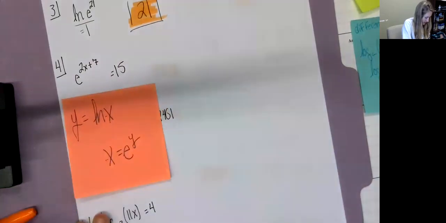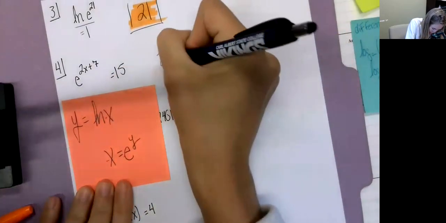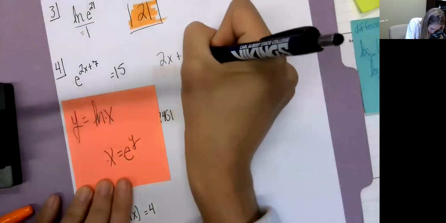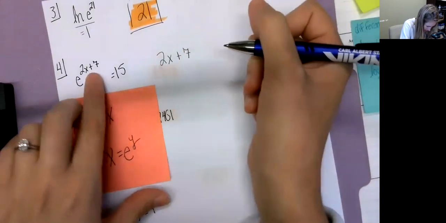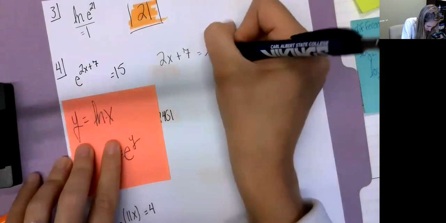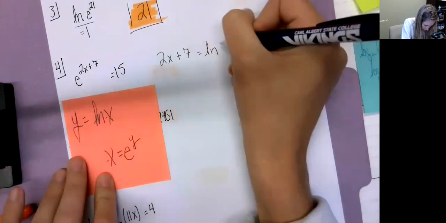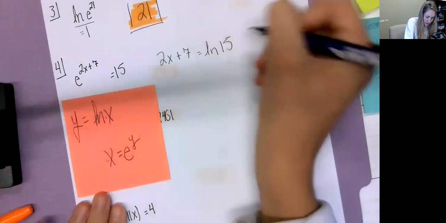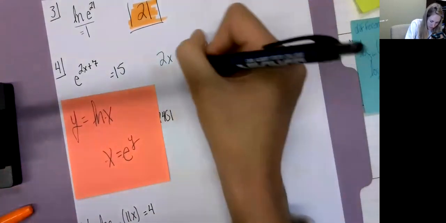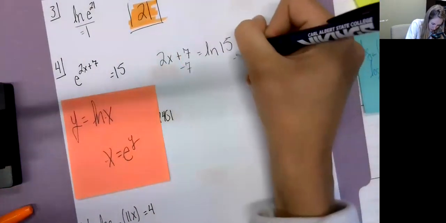Okay, we're going to use this one on this because we have an e with a power. So I have 2x plus 7, because that was my y, equals the natural log of 15. They want us to solve this for x, so we're going to subtract our 7.